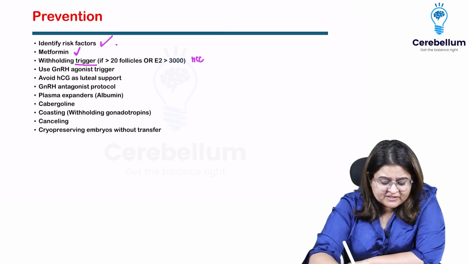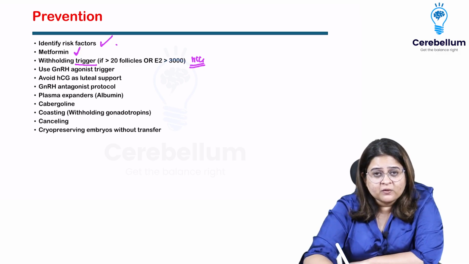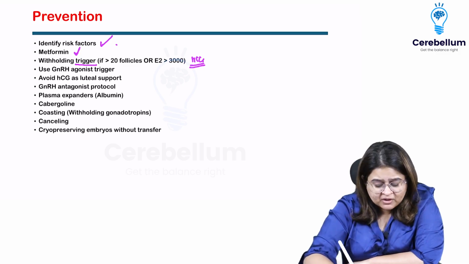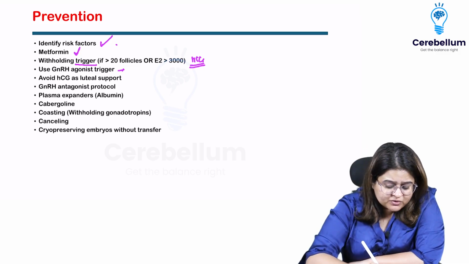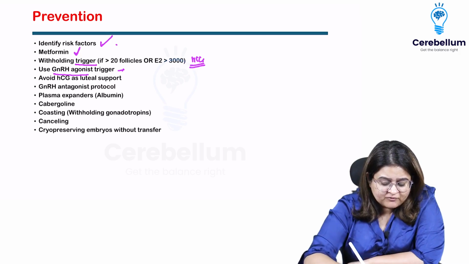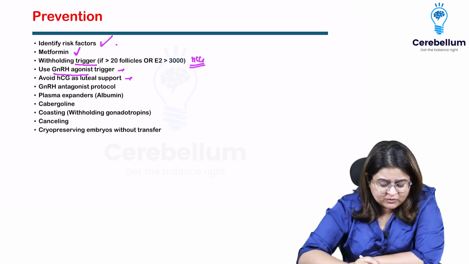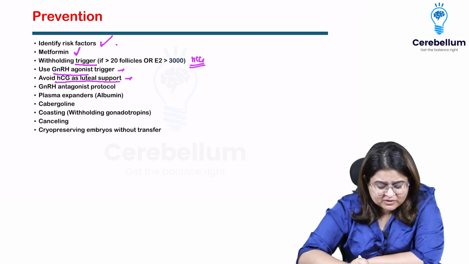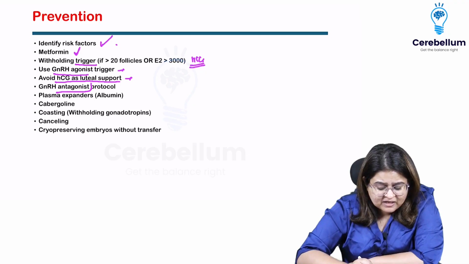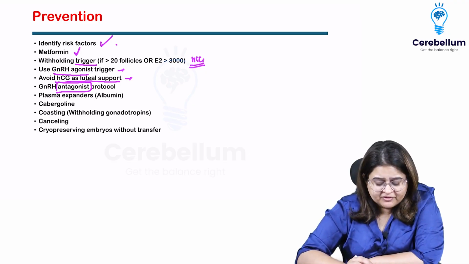Normally we give HCG as a trigger. If this girl is at risk of developing OHSS, either we don't give the trigger or we change the trigger to a GnRH agonist. That is, we give leuprolide as a trigger. Avoid HCG. Whenever you have an option of avoiding HCG, that is a very good option. Avoid HCG as luteal support. Antagonists are better than agonists, so GnRH antagonist protocols are preferred.